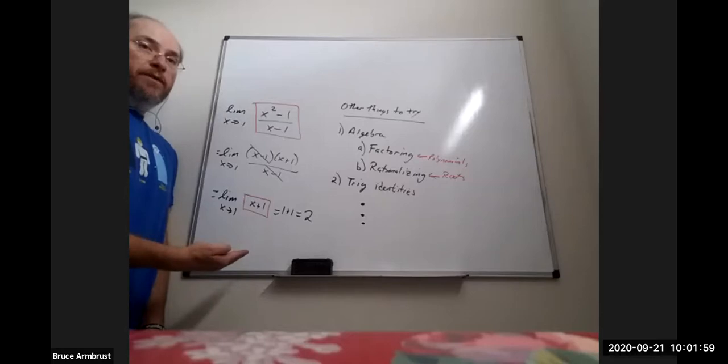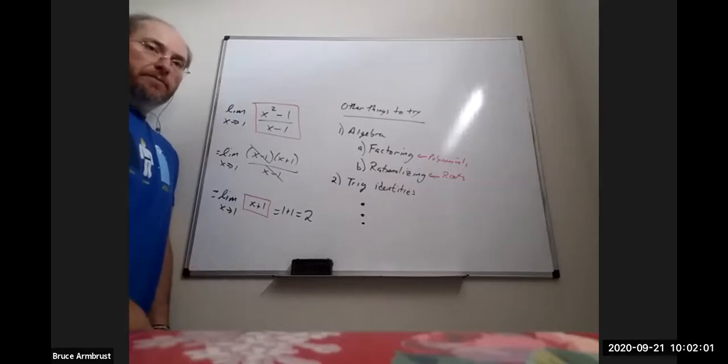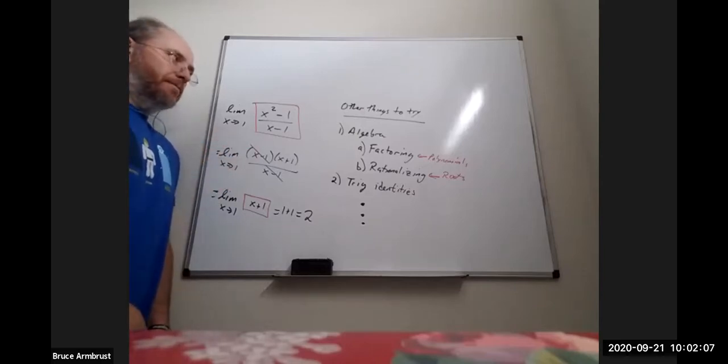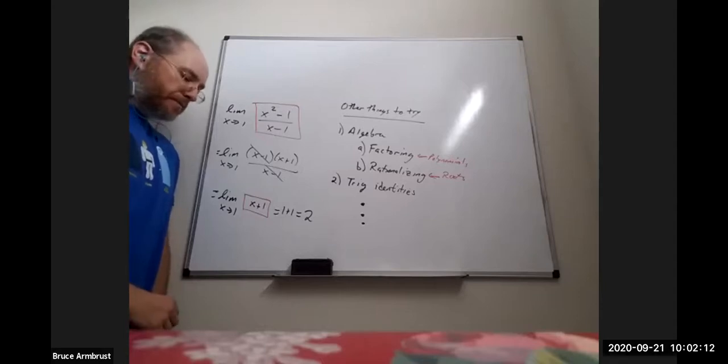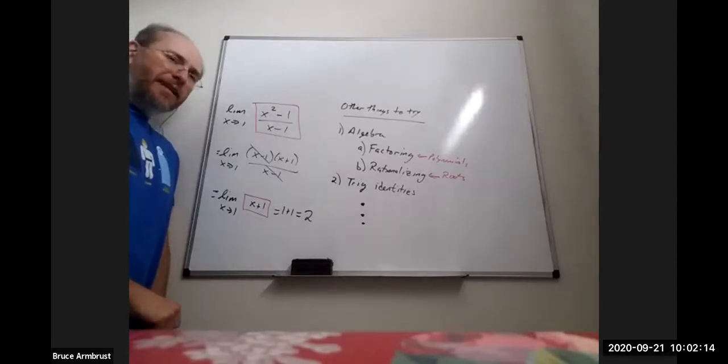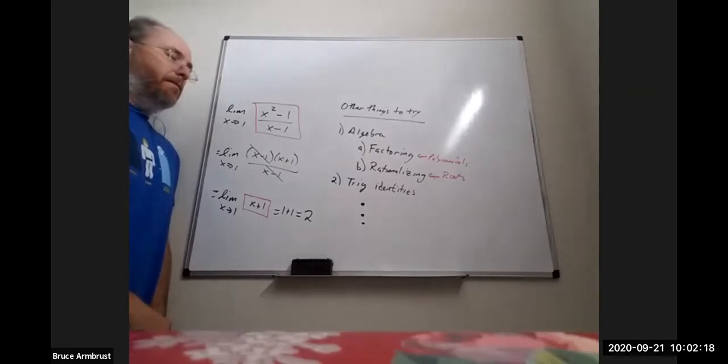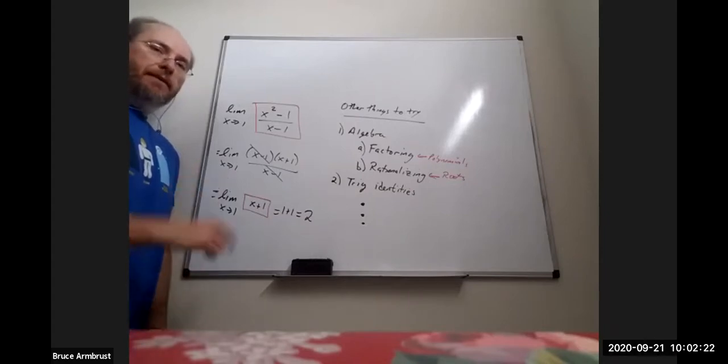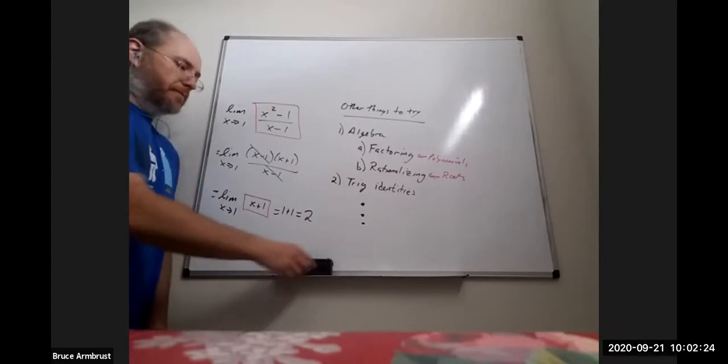But now we know that this limit is 2. So factoring, top and bottom, that's one of the big techniques. So you might need to practice your factoring. You might need to review that a little bit if you're a little rusty. But it's terribly useful when you run into something like this.